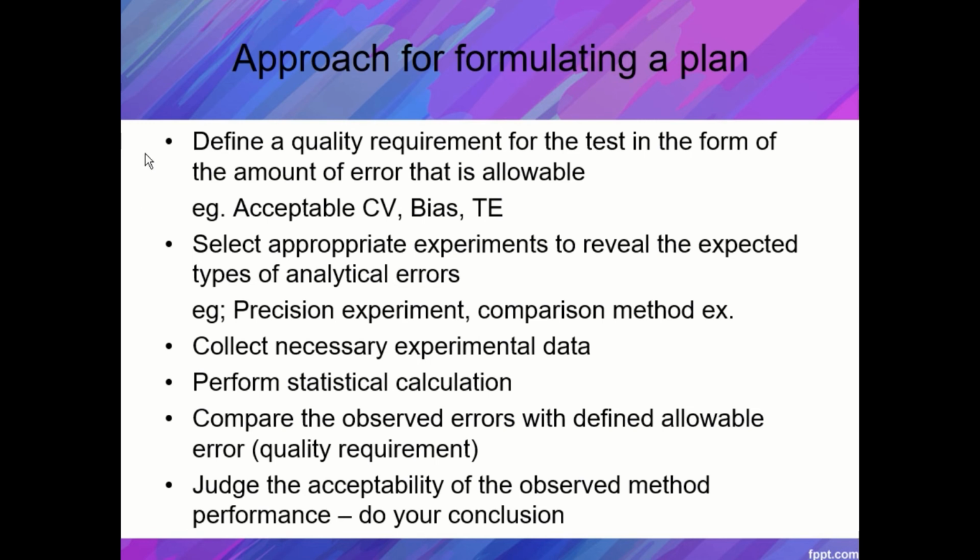First, you need to define a quality requirement for the test in the form of the amount of error that is allowable, for example the acceptable precision, bias, and total allowable error. And then select appropriate experiments to reveal the expected types of analytical errors, such as the precision experiment, the comparison method, and so on.